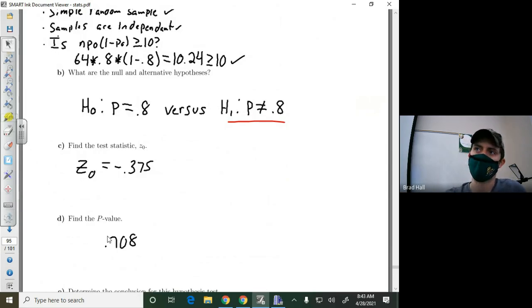Normally alpha is a level of significance. It's the probability of committing an error. And so normally that's, at the largest, 5%. If you have a substantially large p-value, so this would correspond to 70.8%, that's going to be much larger than any value of alpha that we would select.